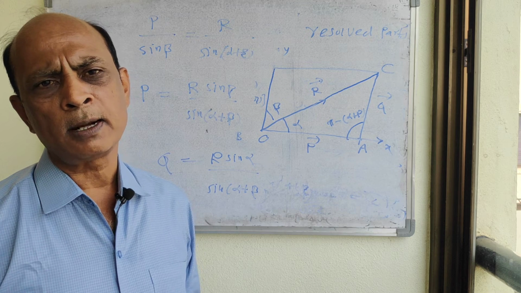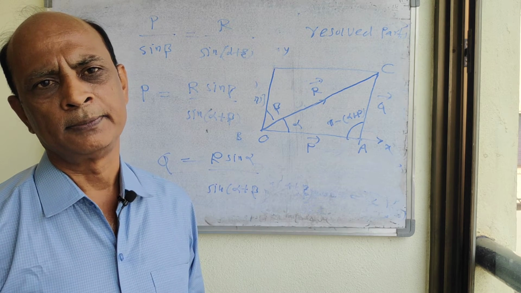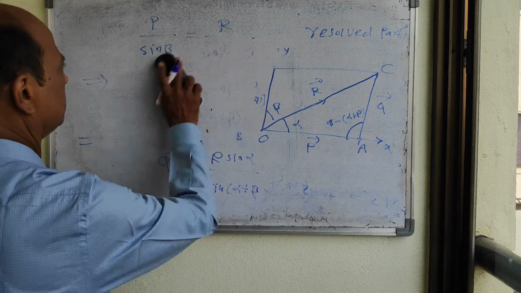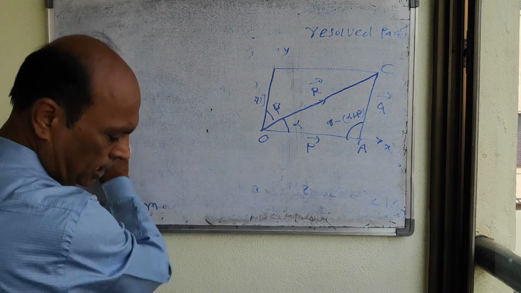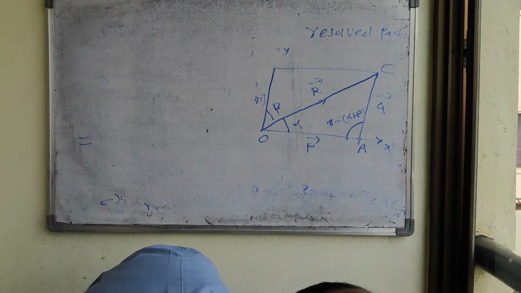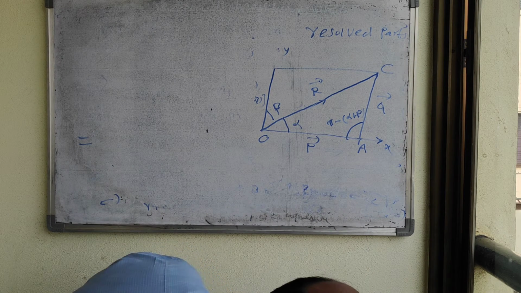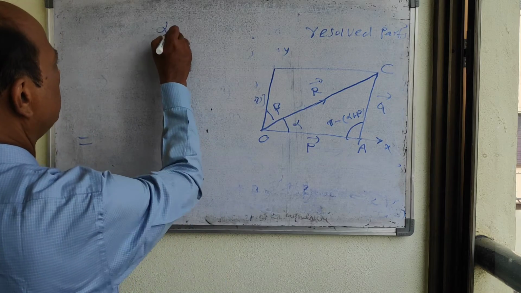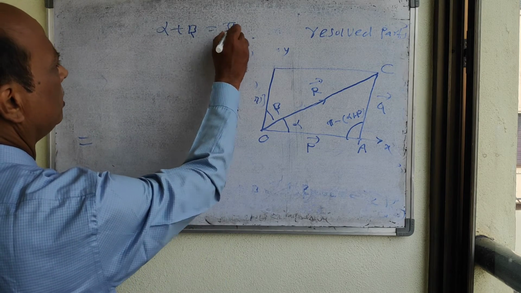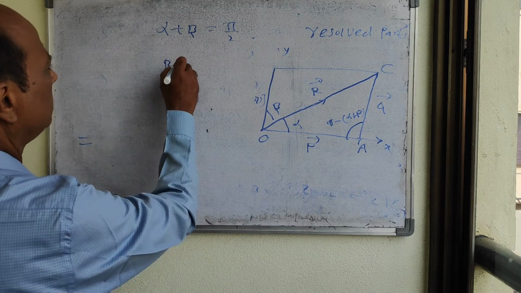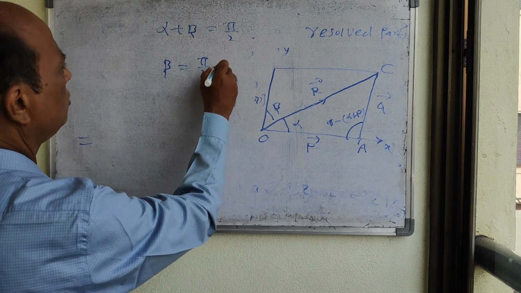Then this parallelogram becomes a rectangle. So in that case, alpha plus beta will be pi by 2, and therefore beta will be pi by 2 minus alpha.